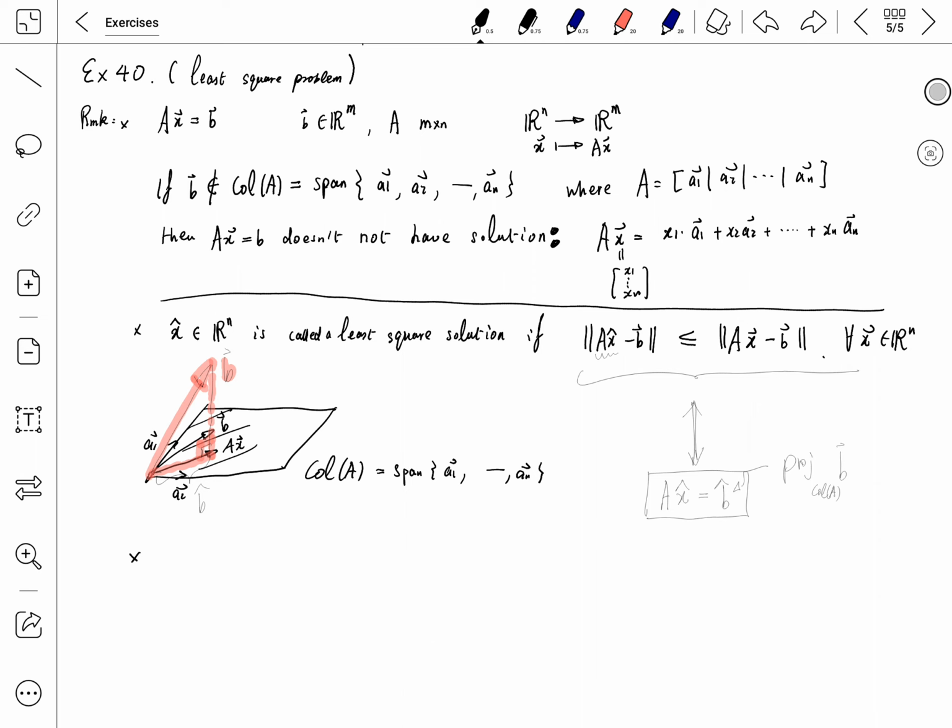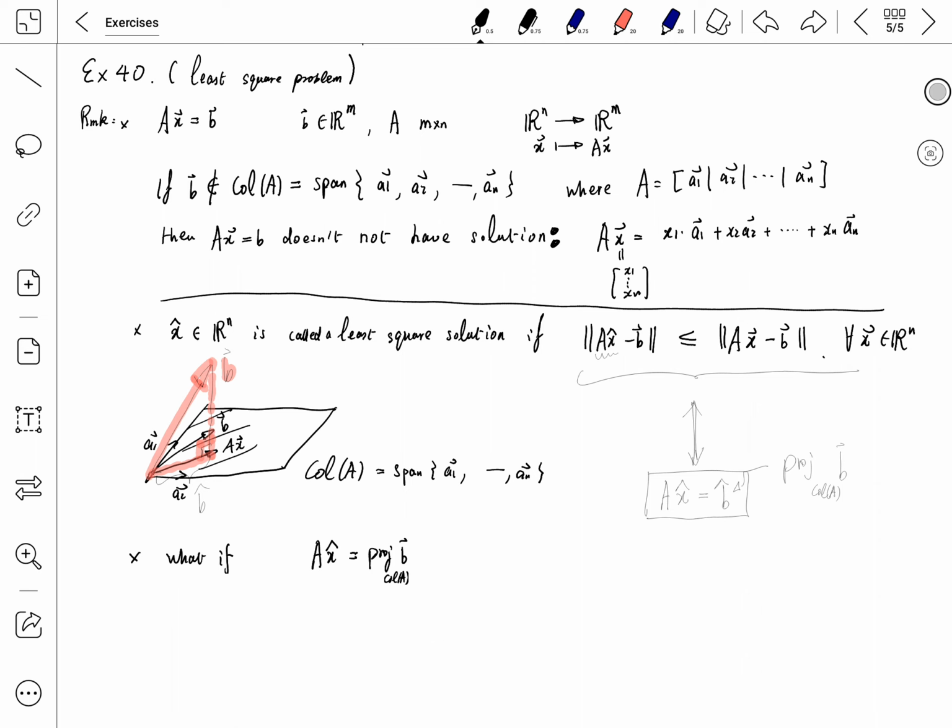What if I just put Ax hat equals the projection of b onto the column space of A?